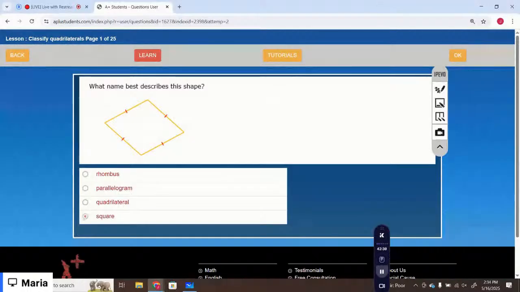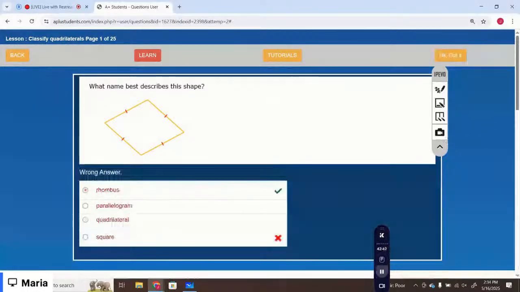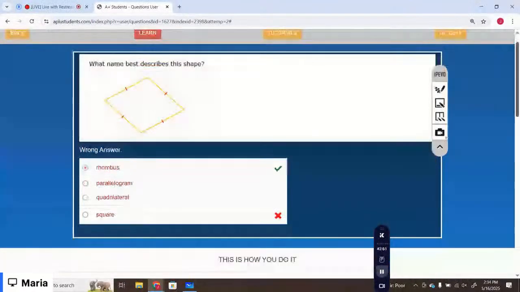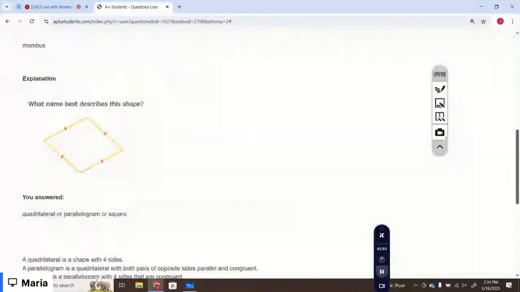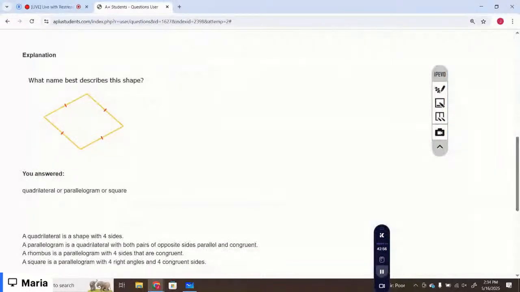So the correct option is option number four. Oh, yes, it is. What's the parallelogram with four sides that are congruent? The correct option is that.